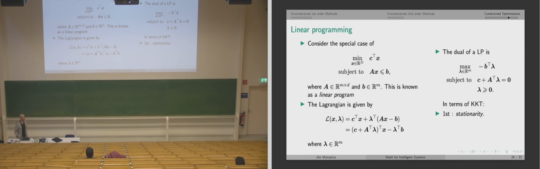And then this one is actually the third KKT constraint, because I said primal feasibility was the second. It's the dual feasibility.